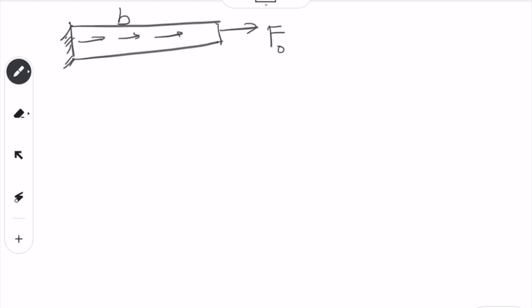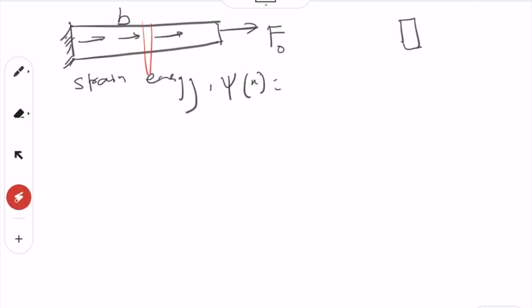Now for that we have to derive first the strain energy. Let us call it psi(x). How will you find it? Strain energy will be simply, we can write in terms of a slice. Take one slice from here like this, and let us say its width is dx.